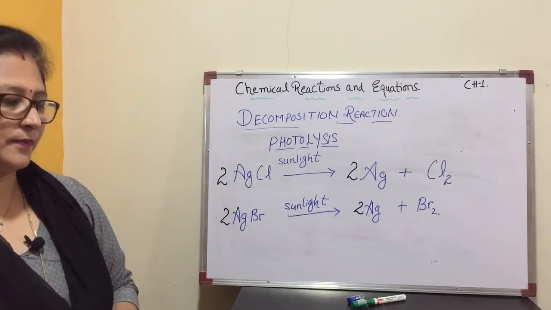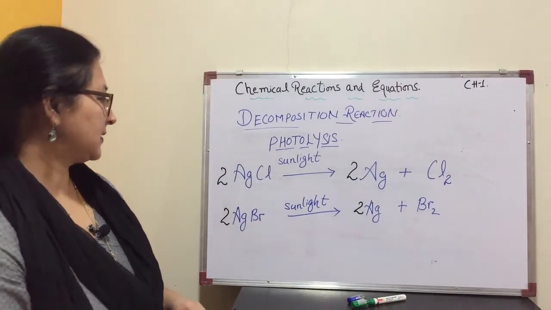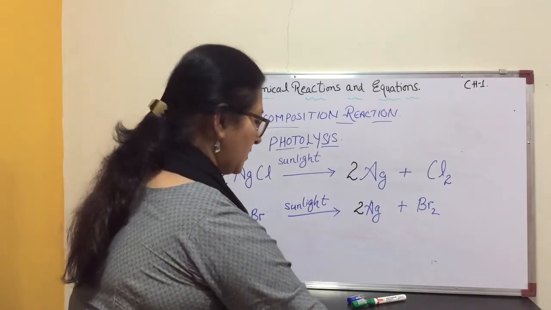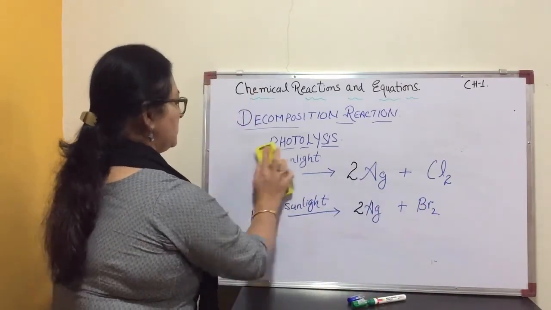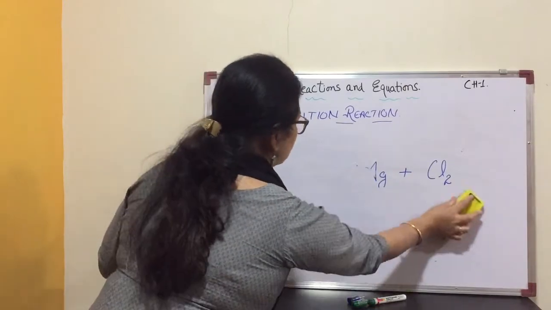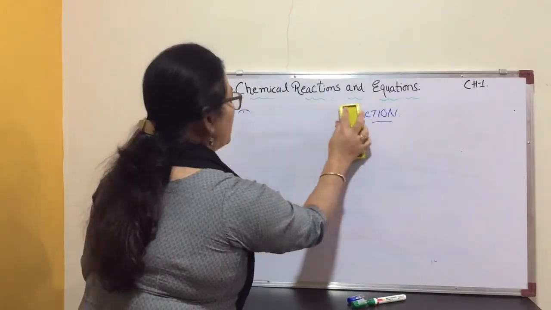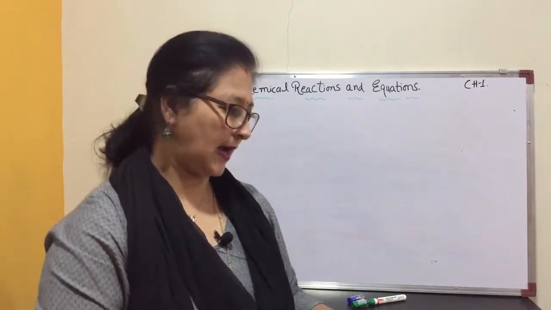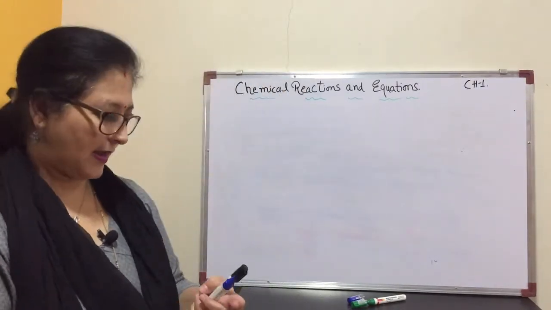Now let's take the next reaction, that is displacement reaction. Okay. Now in case of displacement reaction, we have two types of displacement reaction, single displacement reaction and double displacement reaction.